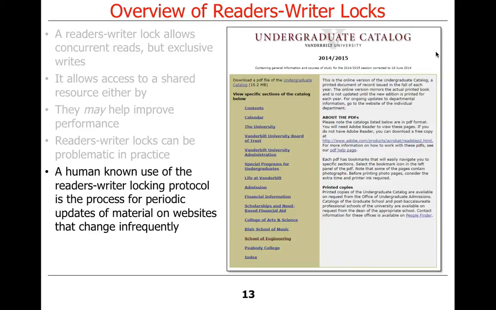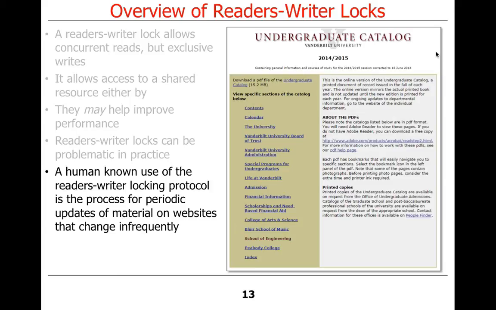So what's an example of human known use? Well, this is quasi-human known and quasi-propeller head, our world. Imagine you run the website for Vanderbilt where certain content changes, but very, very infrequently, like the course catalog. The course catalog probably gets updated once a year before they put out the next version of the courses. So it does get updated, but 99.999% of the time, you're just read-only accessing the content.